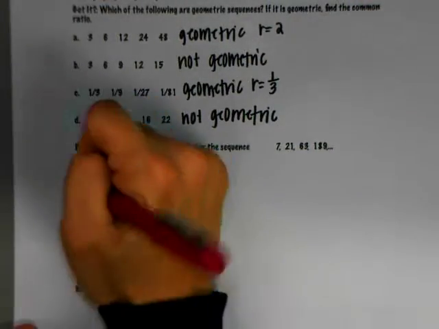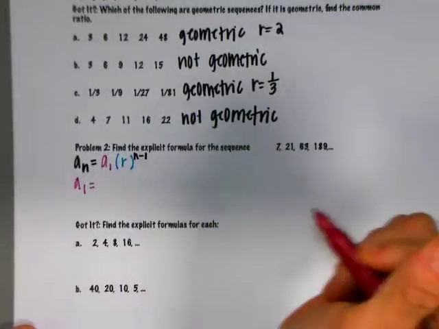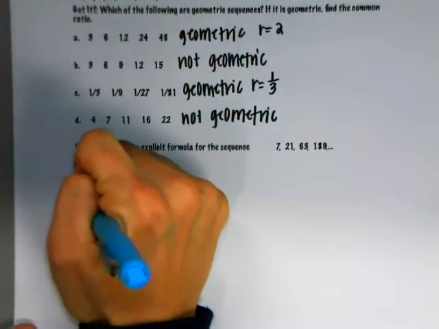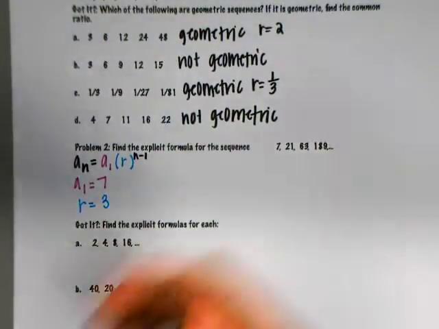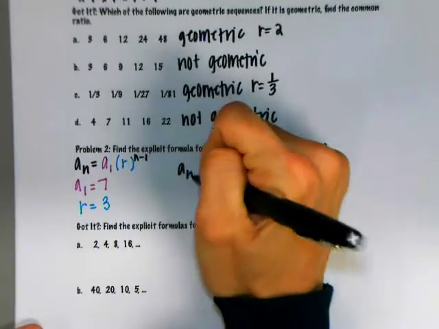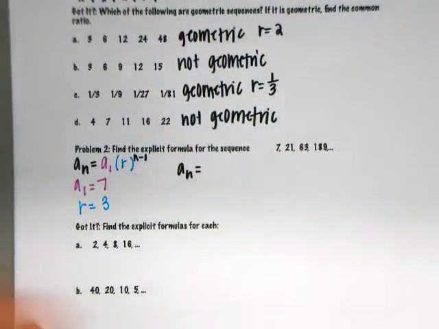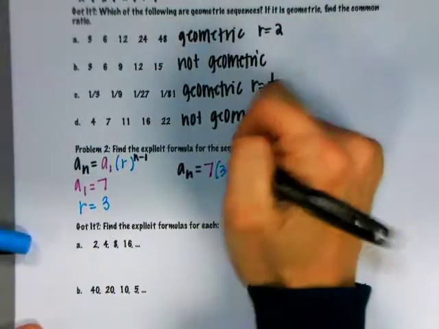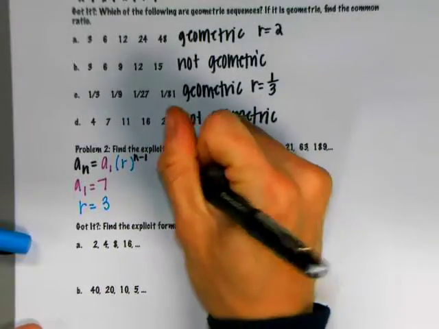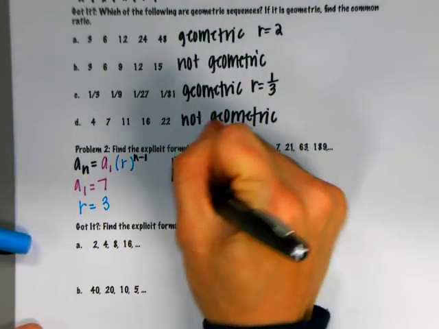So for this one, what is my first term? 7. And then what is my common ratio? 3. So we just do A sub n equals 7 times 3 to the n minus 1 power. And that's it.